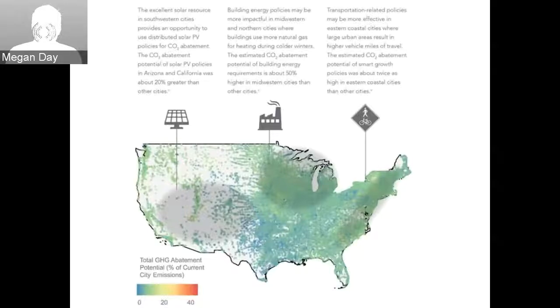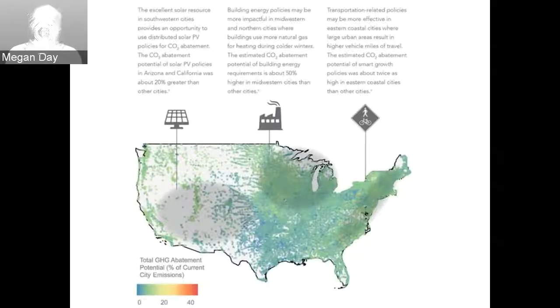And then we were able to take a look at what are the regional differences in those city level actions. And we found that on the northeast seaboard there are a lot higher levels of vehicle miles traveled. It's much more congested. And also it's more densely developed. So you have more of an opportunity to mode shift and have transit expansion, et cetera, and reduce those vehicle miles traveled.